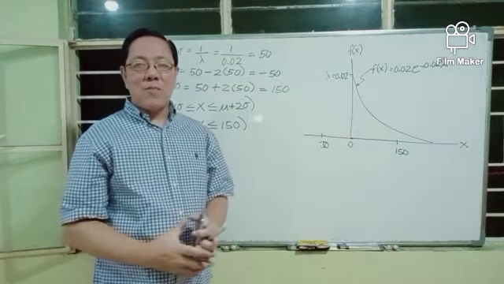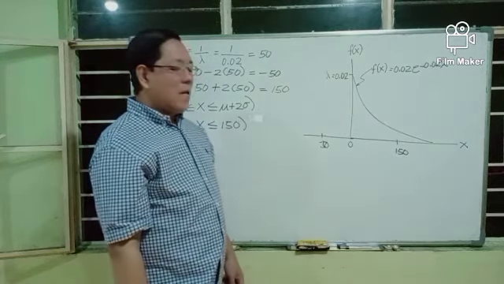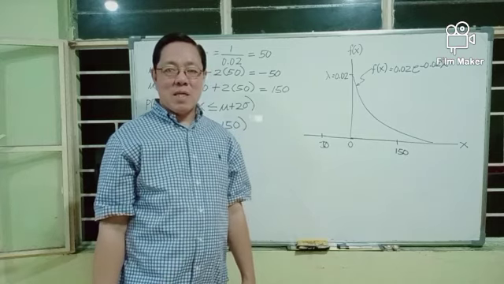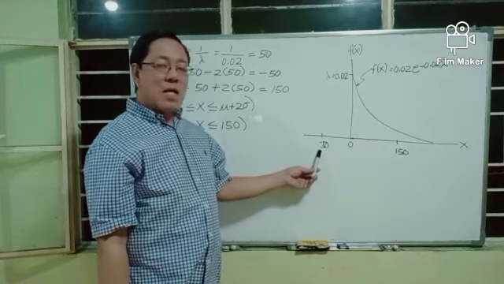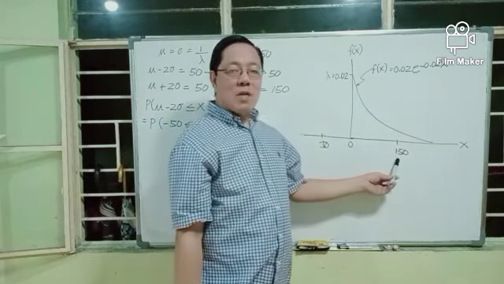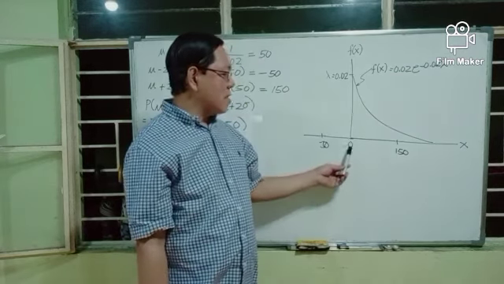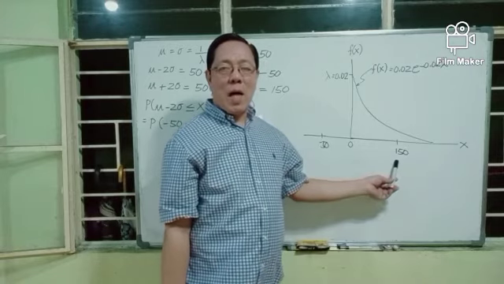Now, the values of x should be greater than or equal to 0. And x represents time, therefore x cannot be negative. So the probability that x is greater than or equal to negative 50 but less than or equal to 150 is equal to the probability that x is greater than or equal to 0 but less than or equal to 150.